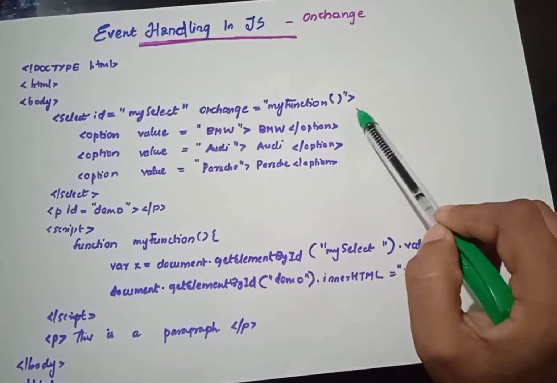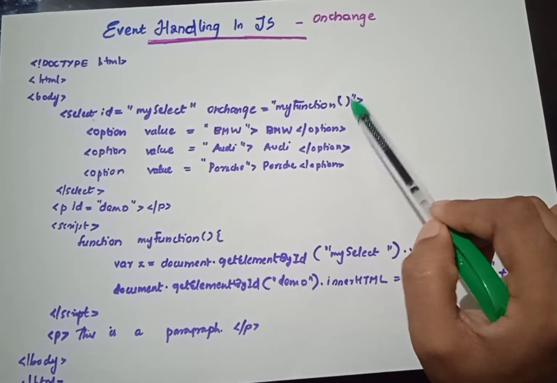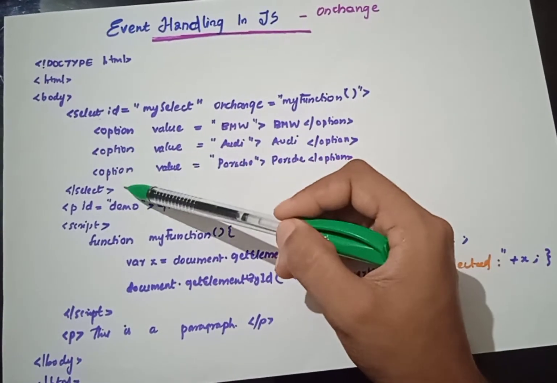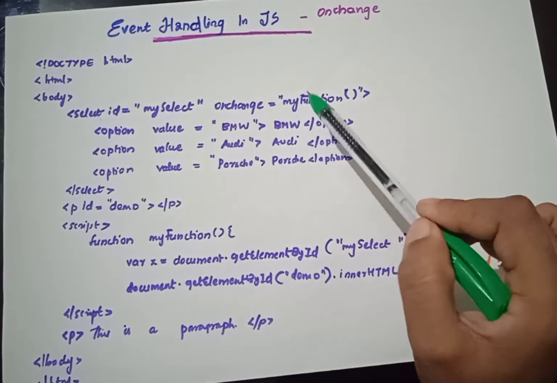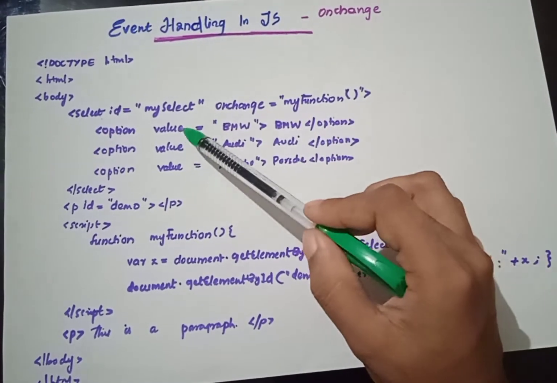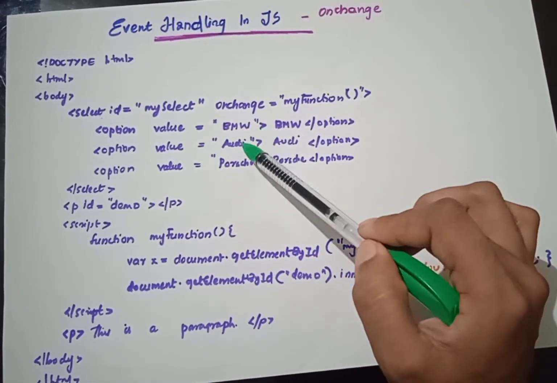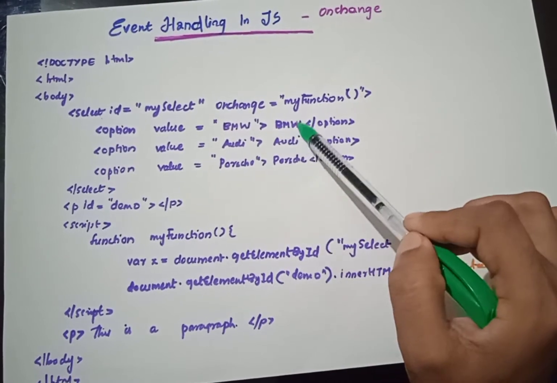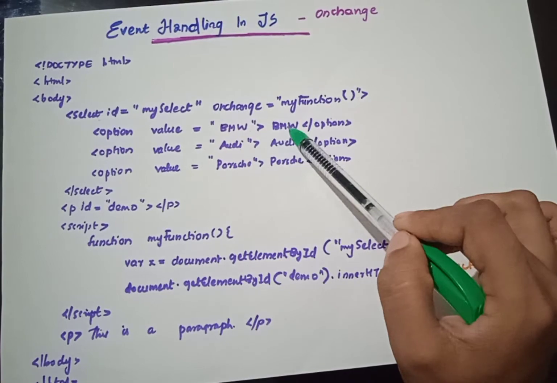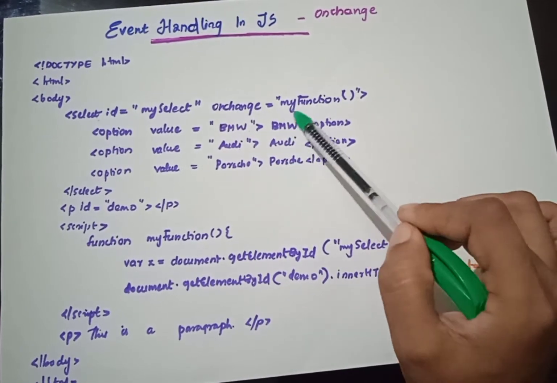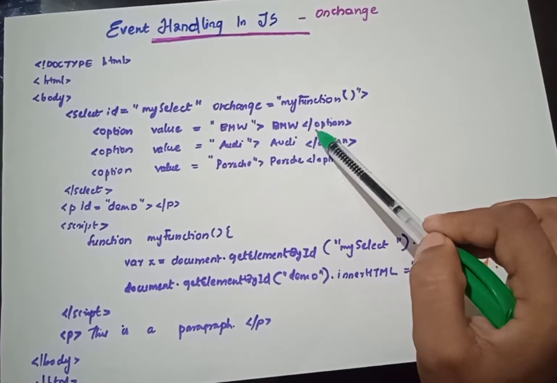Inside this select tag, you can see three different options. These are the options to be seen in that drop down list. The values for these are BMW, Audi and Porsche. What to display in these options is written just inside the option tag.